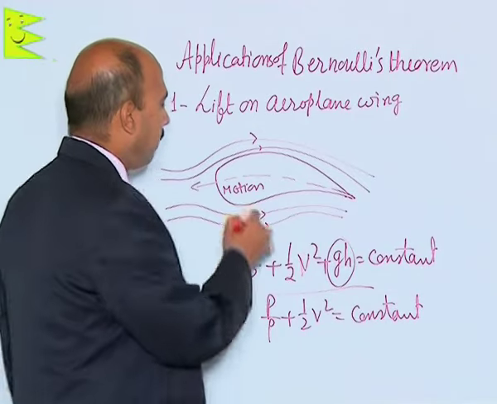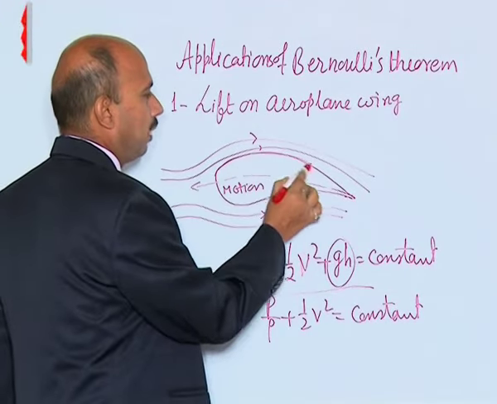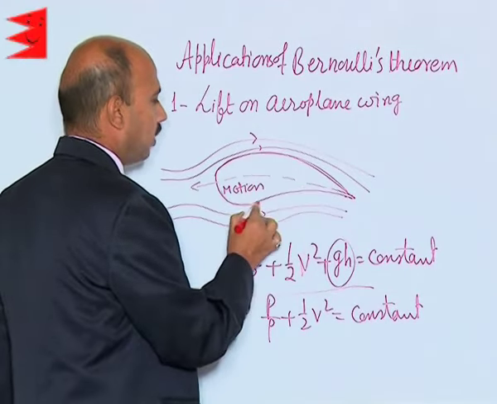Now see, in the case of an aeroplane wing, this is the aeroplane wing. It has curved upper and lower surfaces. Now, the wing is moving this side. The curved shape is like that, so that the velocity of air above it is very high and below it the velocity is lesser.